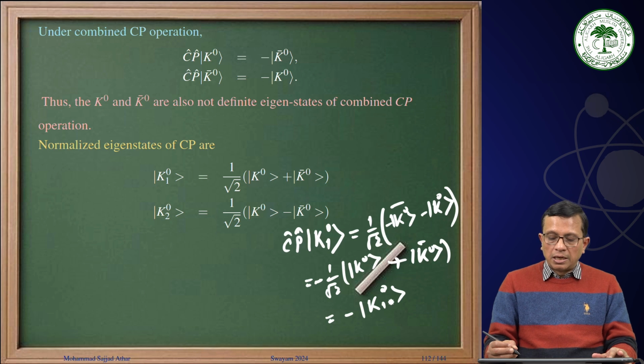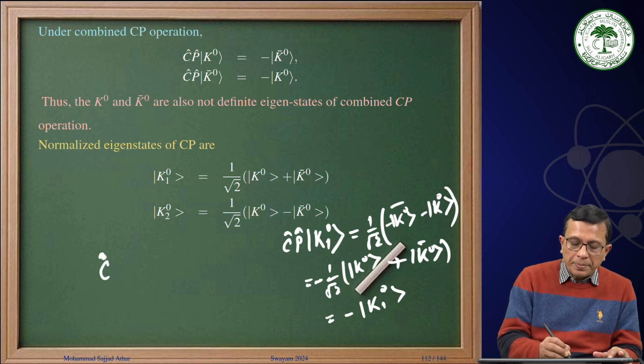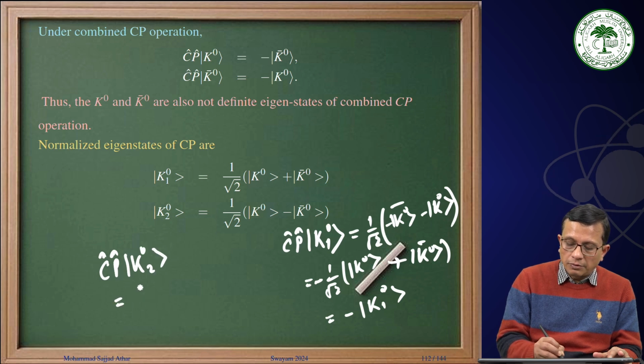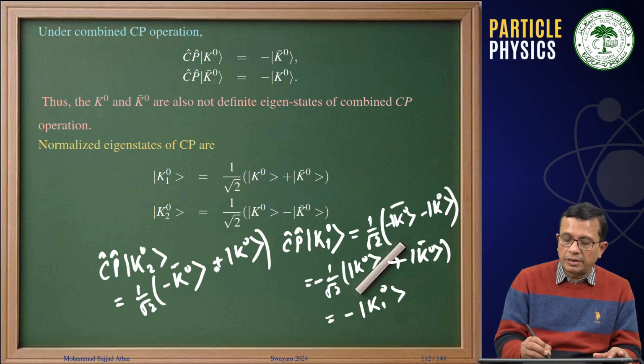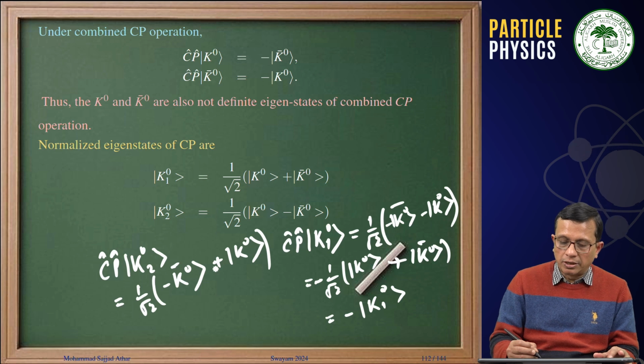Similarly, you can see that when CP is operating on K20 it will give us 1 by root 2 outside, minus K0 bar plus K0, because a minus sign is already there. Therefore, the sign will get flipped because of the minus sign when CP is operating on K0 bar.